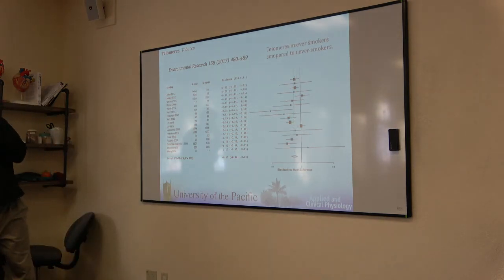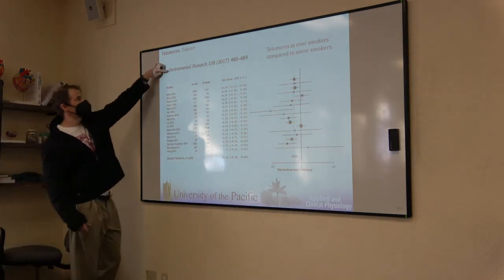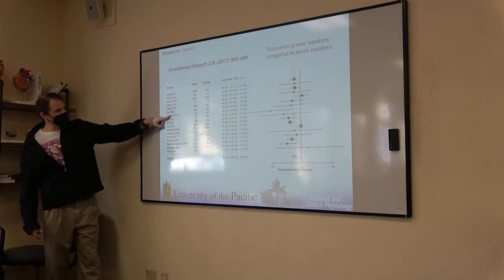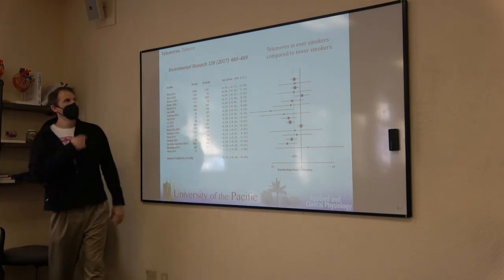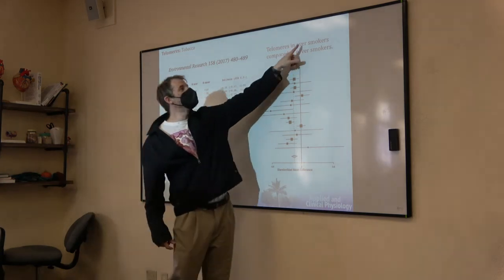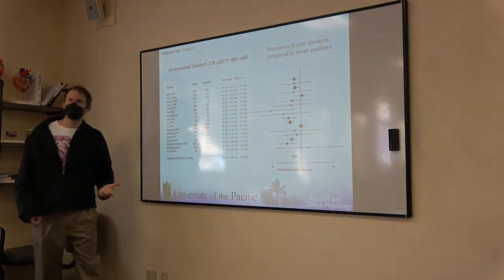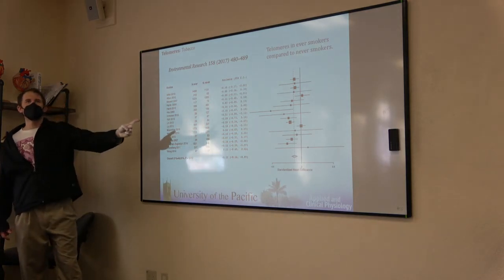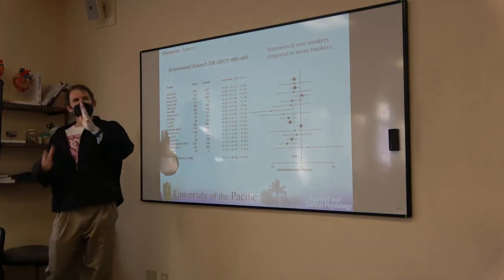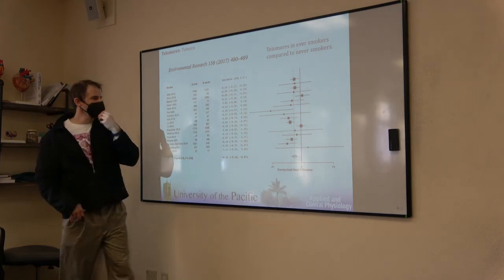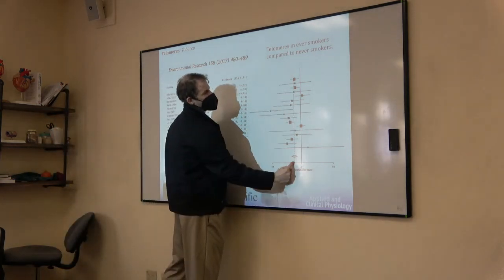And this one, same meta-analysis, a bunch of different studies they're comparing, because it's ever smoked compared to never smoked. So not necessarily current smokers, but have you ever smoked? Yes or no? The yeses and the nos. And there's the same pattern.